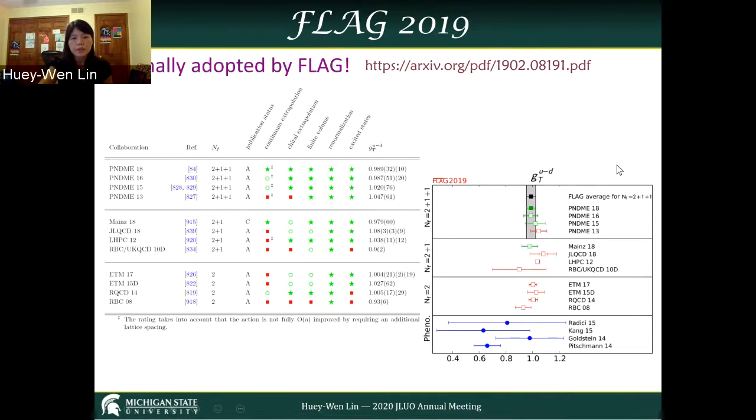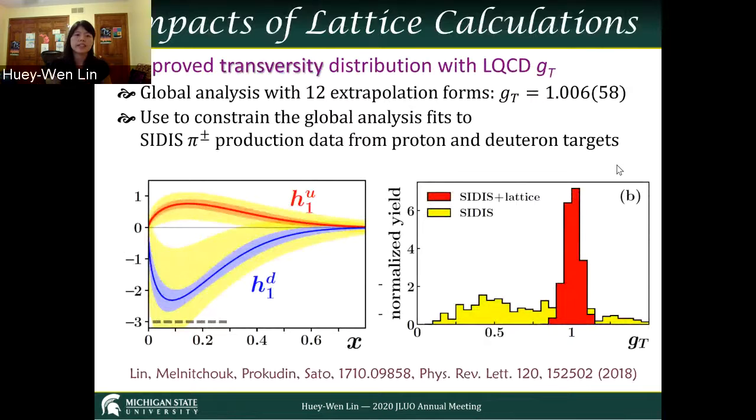Right. And then I just want to emphasize that we are starting to see some of the impact of lattice QCD calculations. For example, this is what I did with Wallace, Alexei and Nobu in 2018, where we used the lattice QCD tensor charges to constrain the global analysis for the transversity distributions. Here we plot the up-quark and down-quark transversity distributions as a function of x.